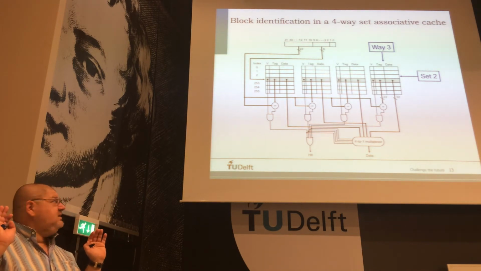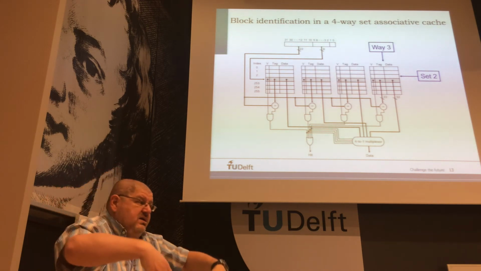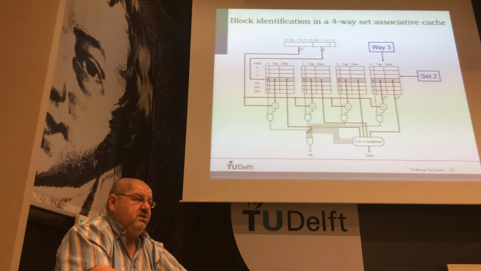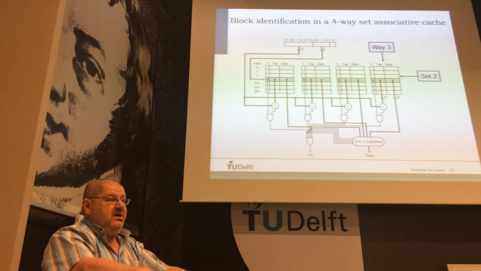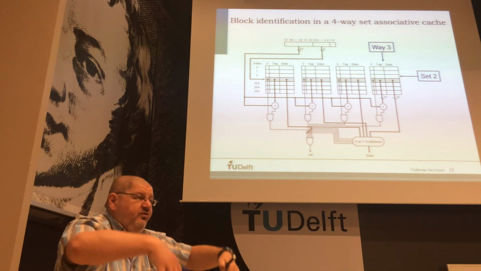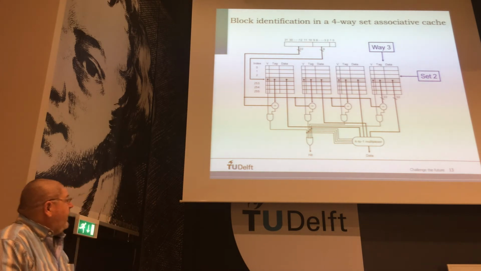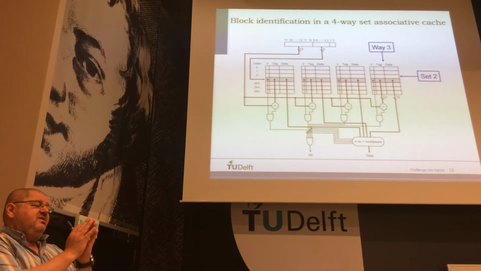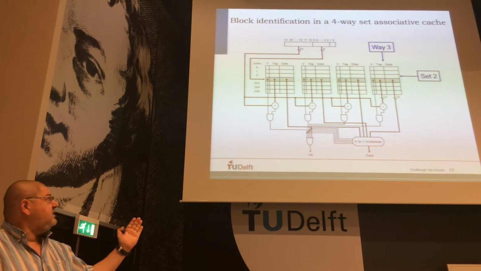Now this one has 4 ways, and all of them will be going for output, potentially. I don't know yet which one will be. One of them or none of them. But all of them, all 4, will go for output. Then I can see this like a word which is 4 times the architecture size of the word.